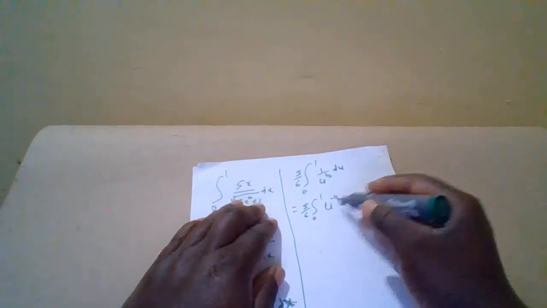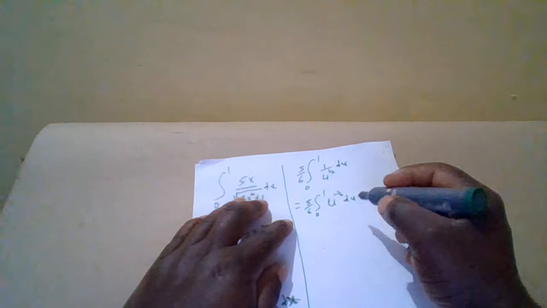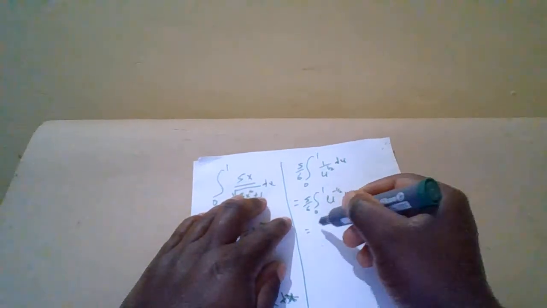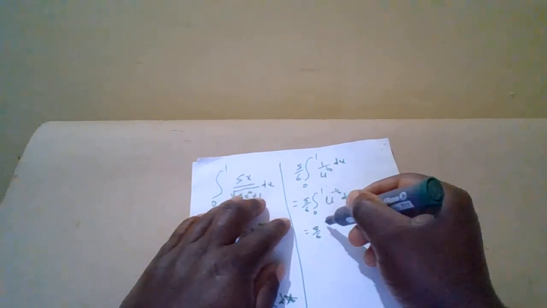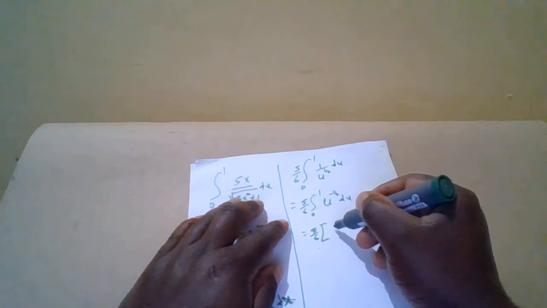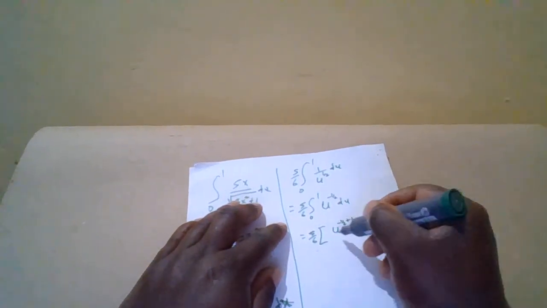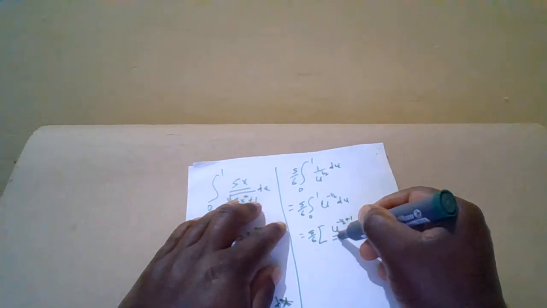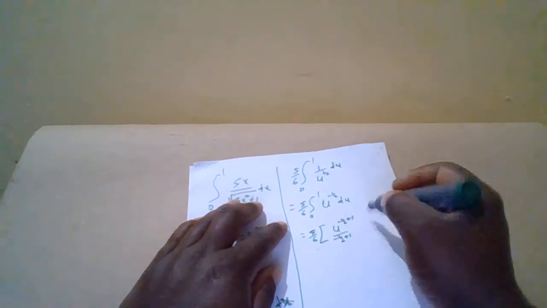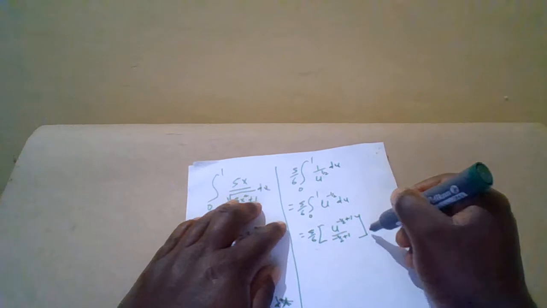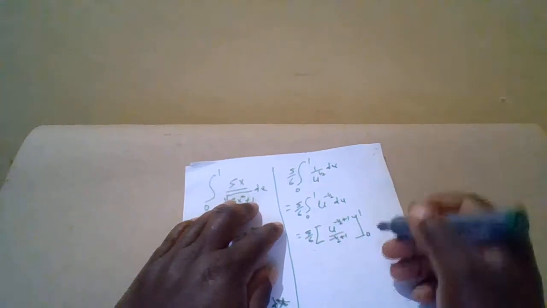So when we integrate u raised to negative a half, we shall have 5 over 6 times u raised to negative half plus 1 over negative half plus 1, integrating from 0 to 1.